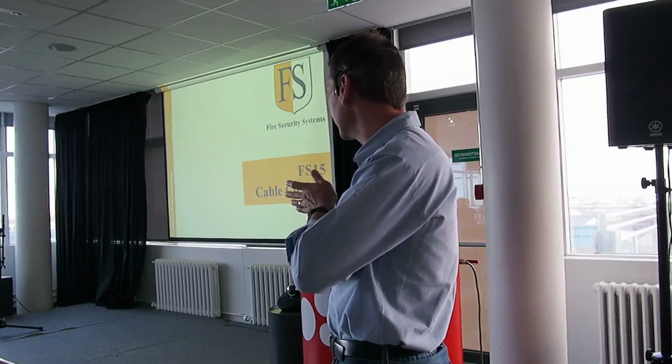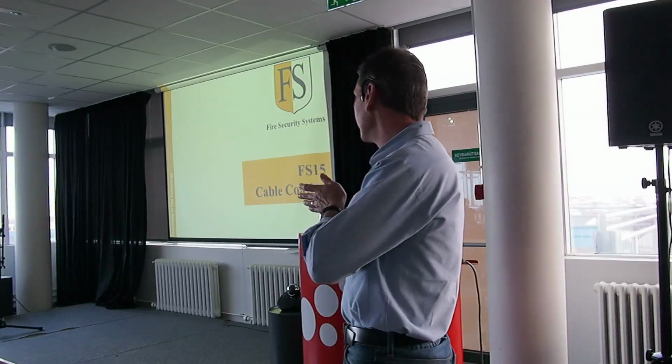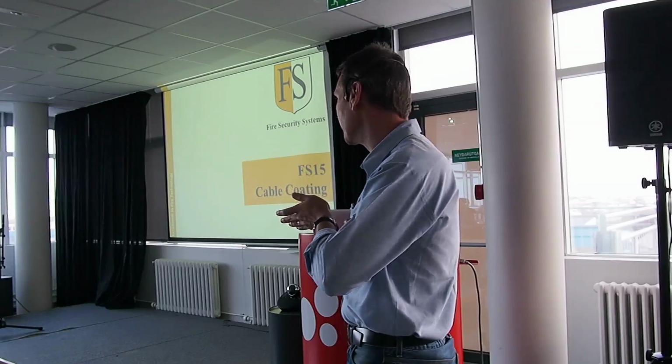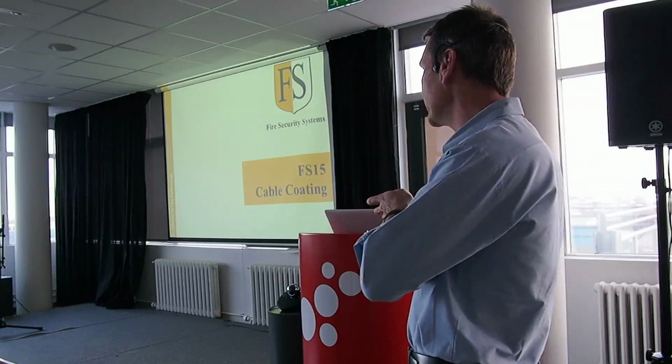Because 90% of the time that fire will spread, especially in industrial zones, through the electrical cable system. And you're talking about, without draft, a vertical of 20 metres a minute. So it's a phenomenal amount of fire spread on an electrical sheath, especially PVC or UPVC.